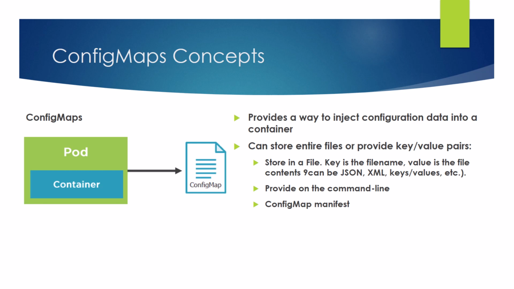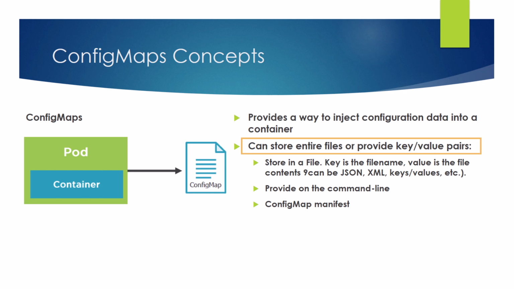Now to discuss config maps in more detail, they provide a way to inject config data into a container. I started this module off by talking about how every application out there has some type of configuration data. And when you now say, hey, this part of the app running in this container now needs to get that data, but oh, by the way, this could be scheduled anywhere in the cluster, well, that complicates things a little bit.